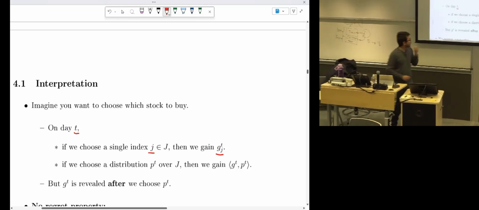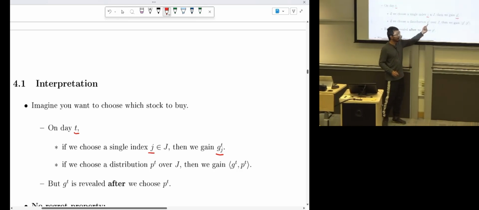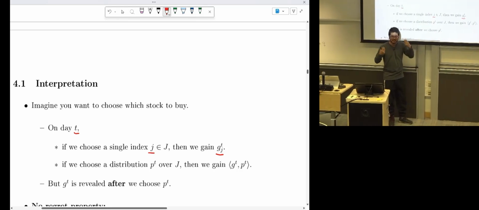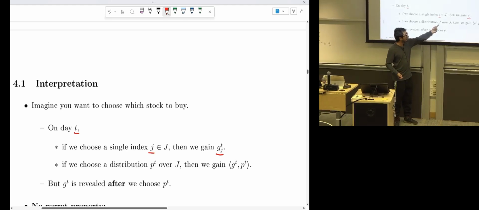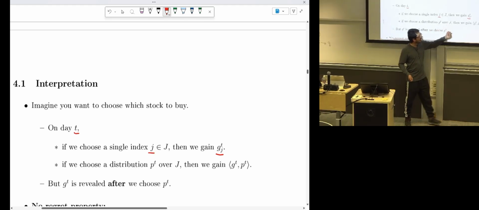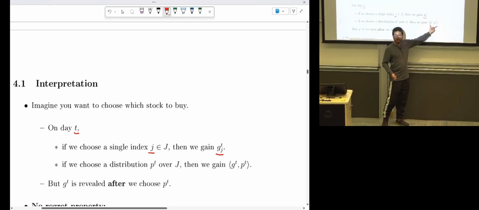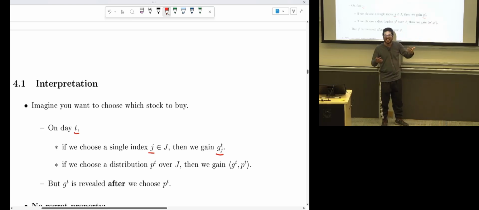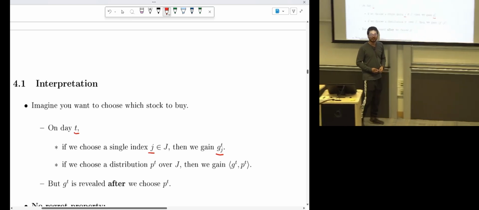If you choose instead a distribution, not just one stock, a distribution over indices, then you gain this much. This is just an expected gain.